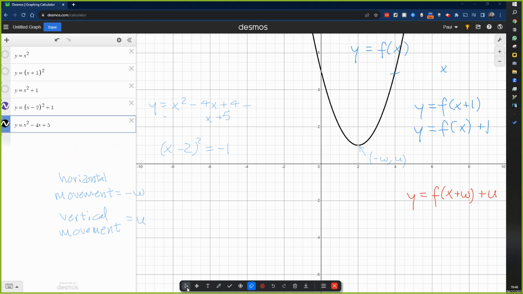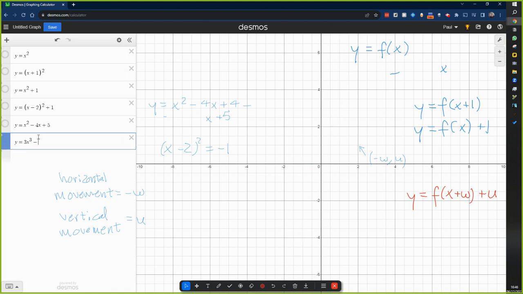So this time I'm going to turn off these two graphs and write another function. We'll do some sort of cubic graph. So let's go 3x cubed minus 4x squared minus 3x, and then plus 2. That's good.